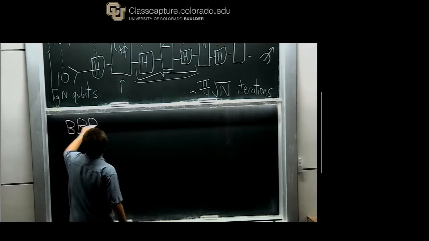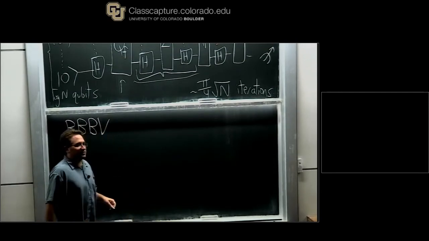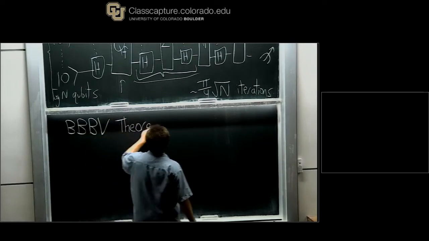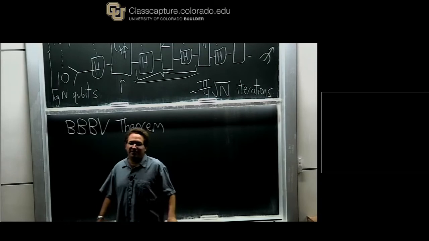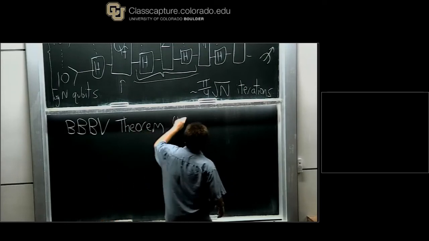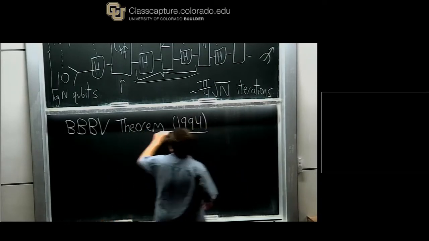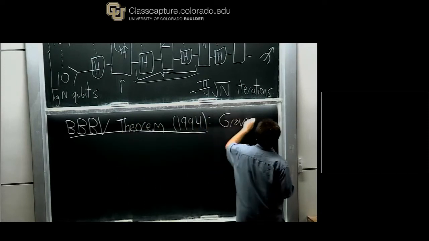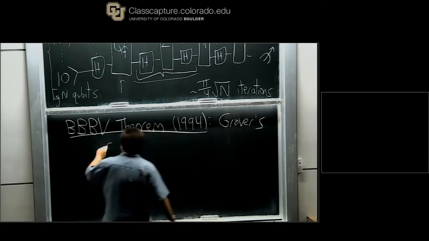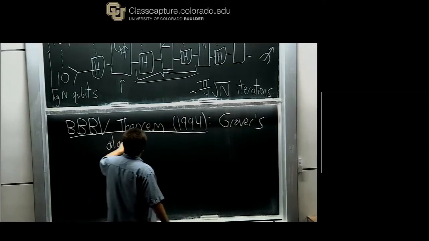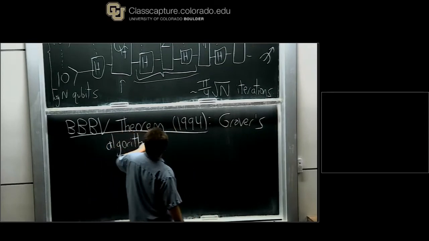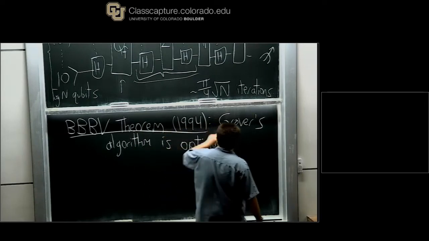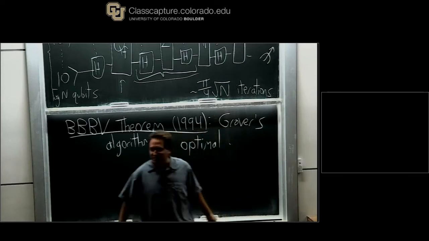...brings us to a fundamental discovery, which is called the BBBV Theorem, after Bennett, Bernstein, Brassard, and Vazirani. And I'll just state it as: Grover's algorithm is optimal.